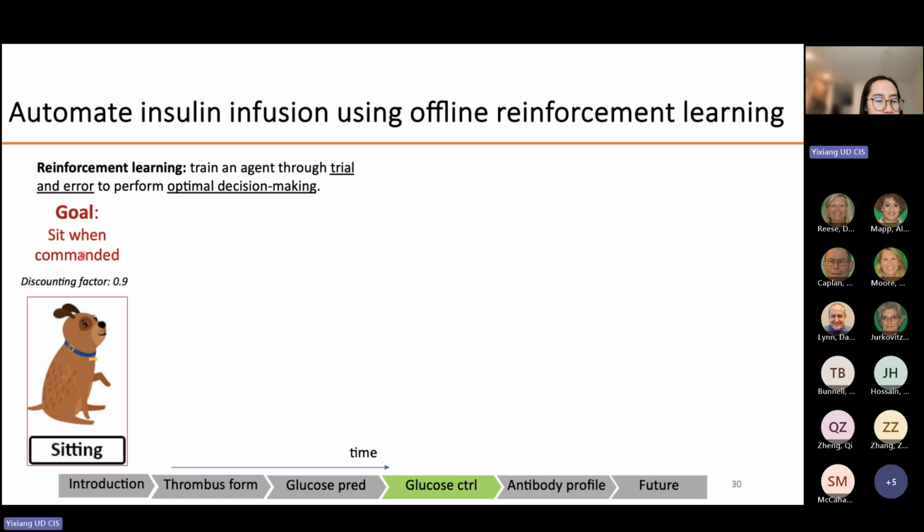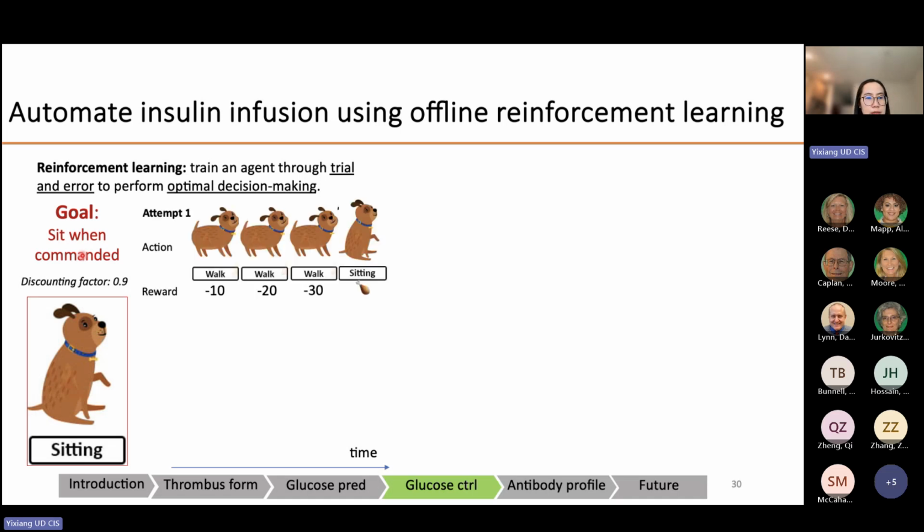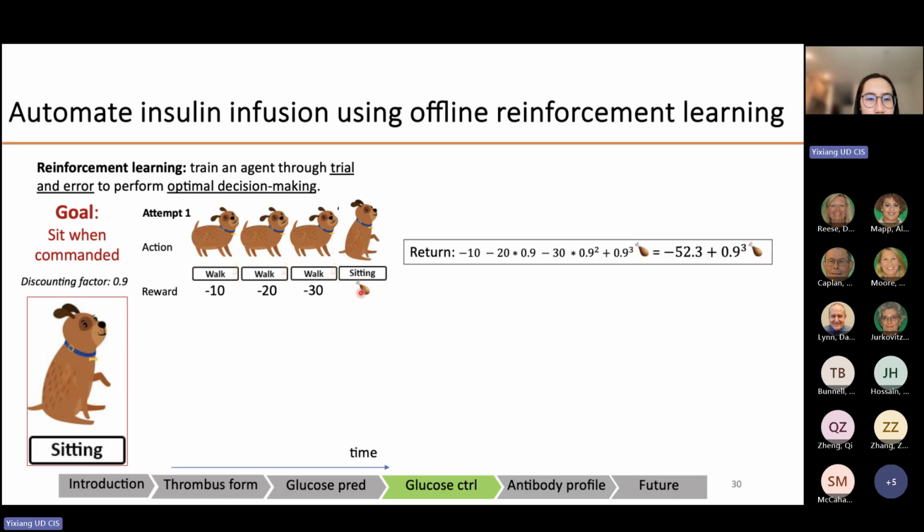Take, for example, this toy problem of training our dogs to perform sitting. Maybe at one attempt, the dog will be wandering around, and when you say the command of sitting, it accidentally performs a sitting, and we will reward it with a meat. And this is a discounted reward in this training attempt.